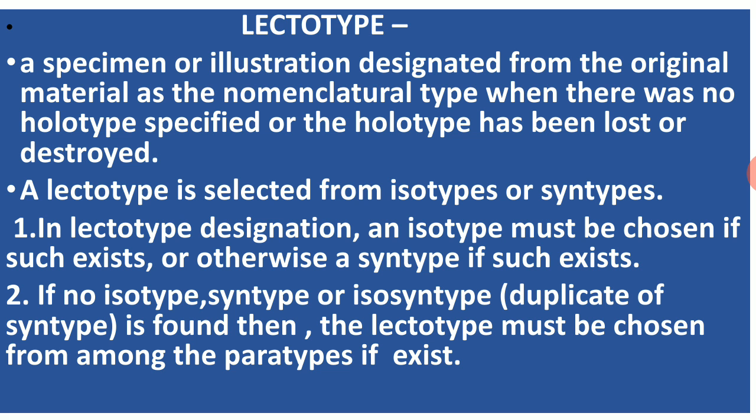Iso means duplicate of the holotype, and syntype has more than one specimen on a sheet. In lectotype designation, an isotype must be chosen if it exists, or otherwise a syntype if it exists. If neither a syntype nor an isotype exists, then we will use a paratype if that exists as the lectotype.